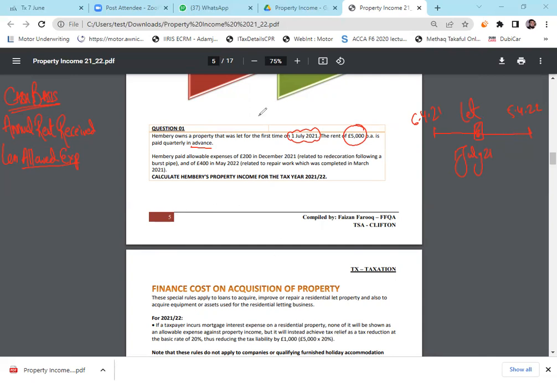How much rent did they receive? Is there any basis of assessment you have to use? Did they write anything or not? They didn't write anything, so we'll use cash basis. Cash basis. And in cash basis, my question to you, how much money did Hamberry receive?